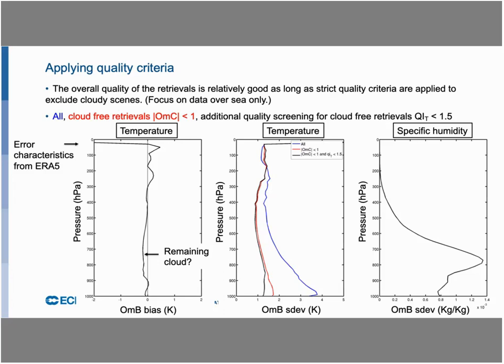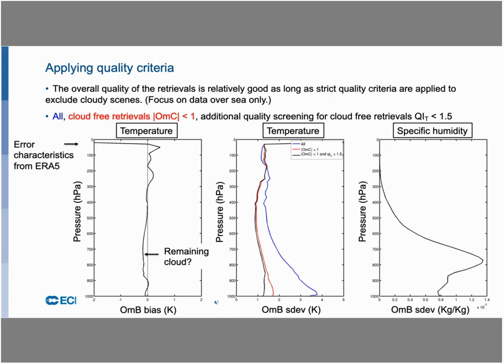And the retrievals also come with different sorts of quality indicators, and the most useful one of those was the quality indicator for temperature. And when you introduce an additional screening based on the quality indicator using a threshold of 1.5, that's the black line in the middle plot, you can still decrease the random errors for temperature profiles.